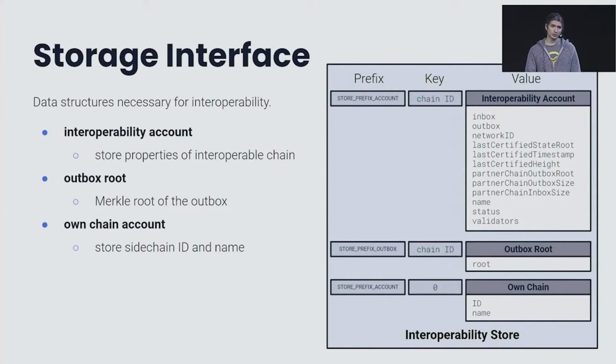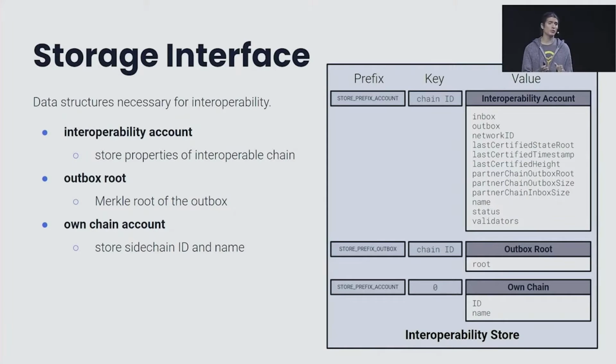We separated the outbox root from the rest of the properties of the interoperability account by defining a different storage prefix. This allows us basically to have shorter proofs of inclusion for the outbox root into the state root, because you don't have to pass all other properties of the interoperability account, you just need the outbox root.